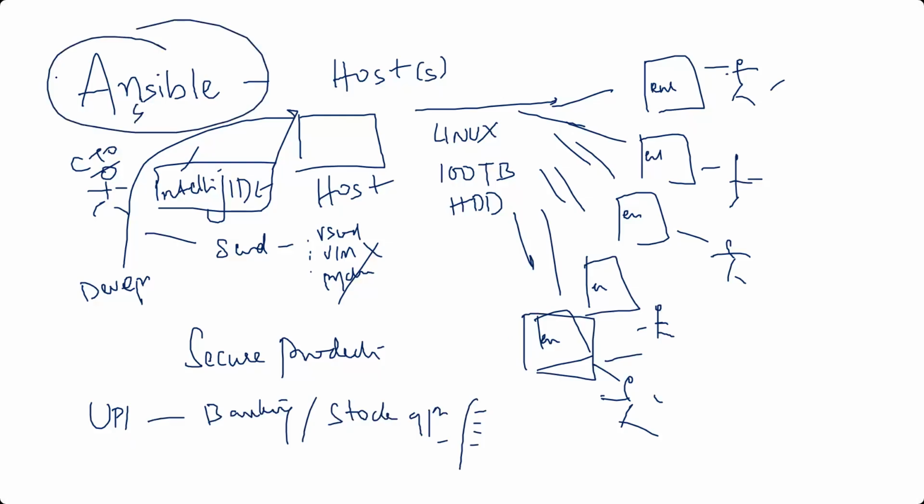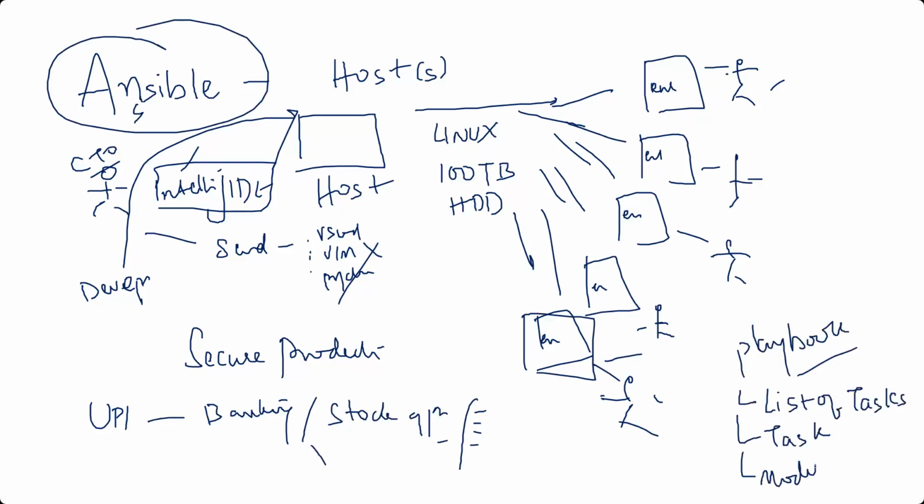One good thing with Ansible is you have the ability to create what we call playbooks. A playbook is a place where you can define the list of tasks that one has to perform, what task it is, and what module of that task you want a respective developer to perform.